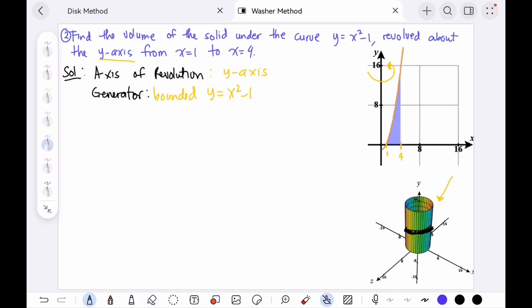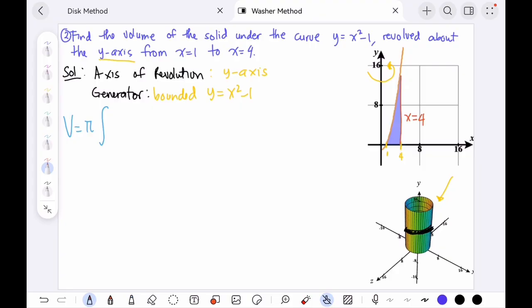The volume is given by pi integral of the radius of the bigger circle of a cross section. So meaning it's this. Let me use another color. This side here, and it's given by x equal to 4.